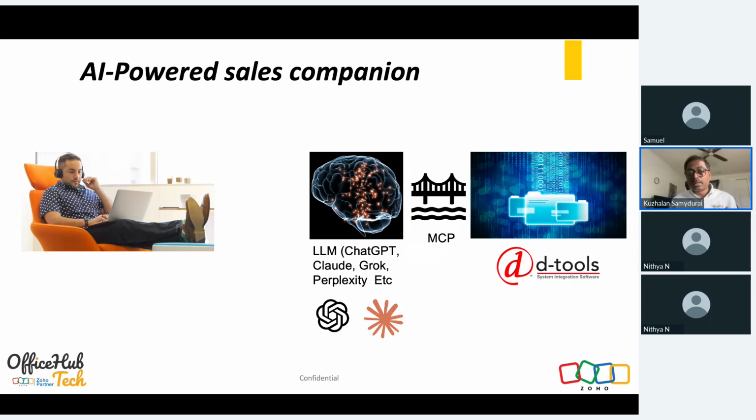Like that, you would be able to connect it with Zoho CRM, be able to connect with HubSpot, the Salesforce, the NetSuite, the Google Calendar, the Teams. You can connect with any of the systems and bring in data into LLM, right? So this is the MCP server, which is the connector. And we have built the MCP server for a few tools right now. One of those tools is DTools. DTools SI, we have connected the data to LLM.